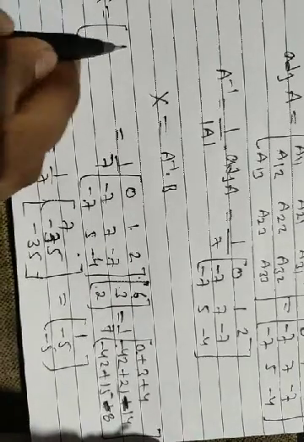This represents our x. x, y, z is equal to 1, minus 5, minus 5. Then we get x equal to 1, y equal to minus 5 and z equal to minus 5.